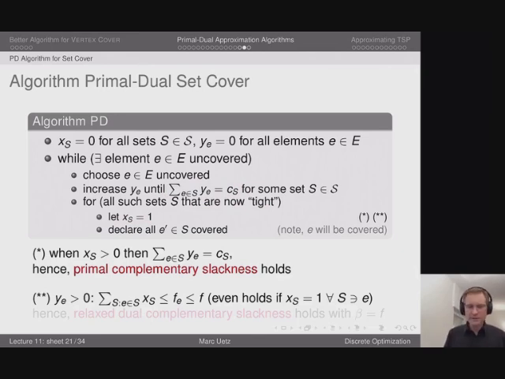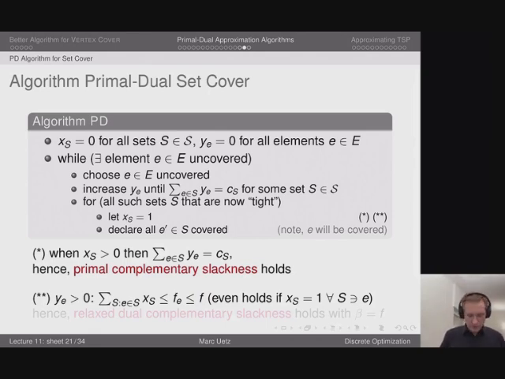Well, at most as many sets as the frequency of the corresponding element, right? This element appears in a certain number of sets. I cannot select more sets because I'm only selecting sets that contain element E in this step, okay? So the number of sets that I select whenever I increase this dual variable strictly larger than 0 will be at most the frequency of the element, and that will be at most the maximum frequency of all the elements.